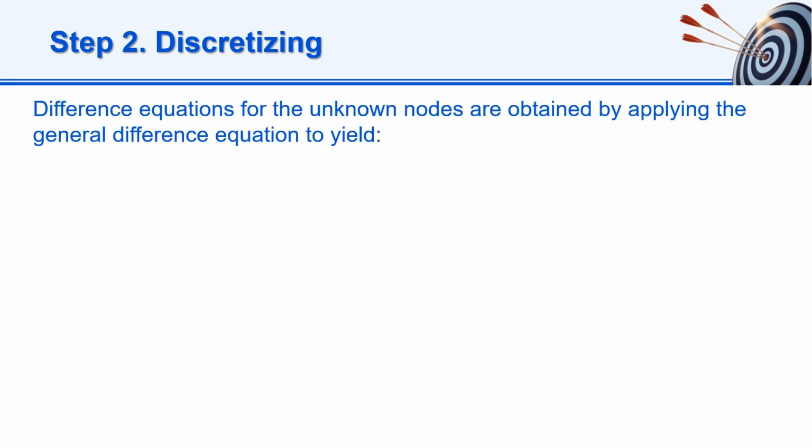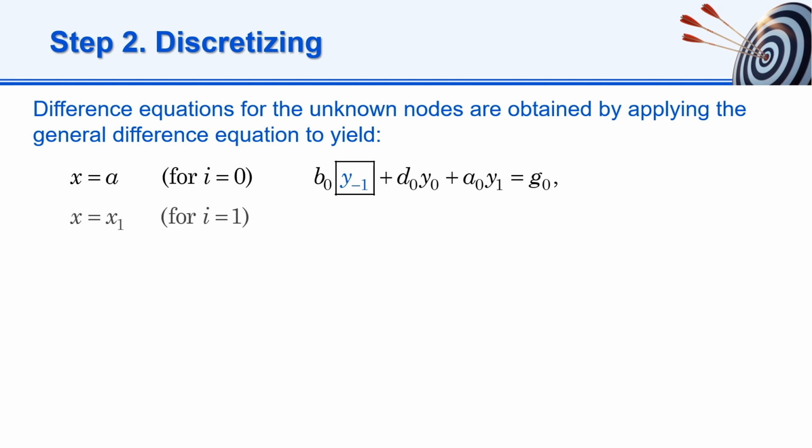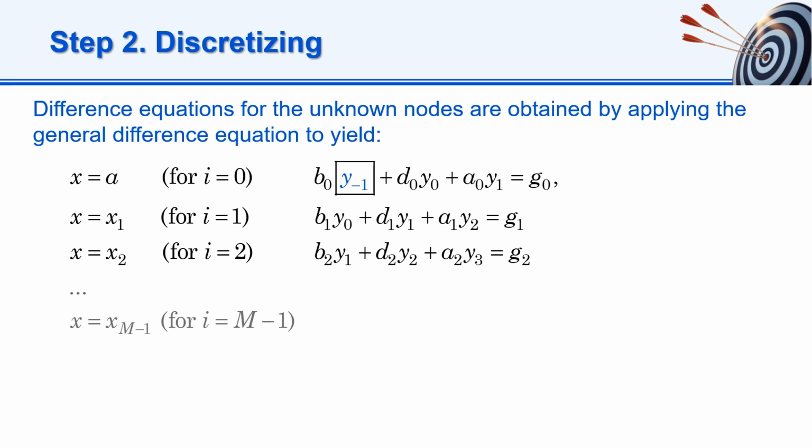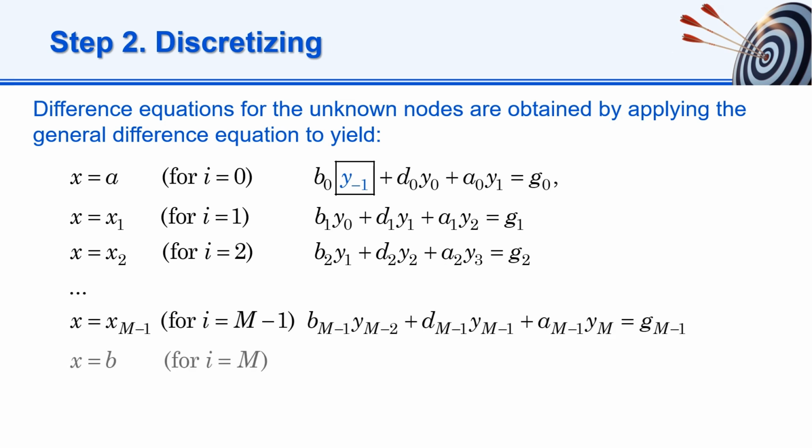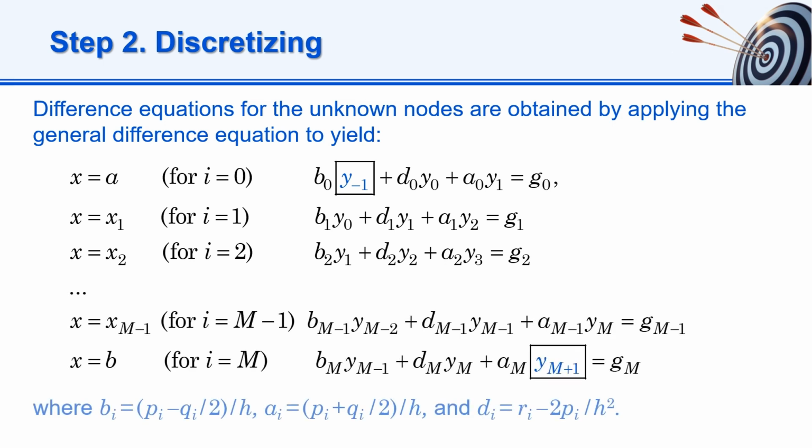Difference equations for the unknown nodes are obtained by applying the general difference equation to yield the following specific difference equations, where b_i, a_i, and d_i have prior definitions. This system has m plus 3 unknowns and m plus 1 equations.